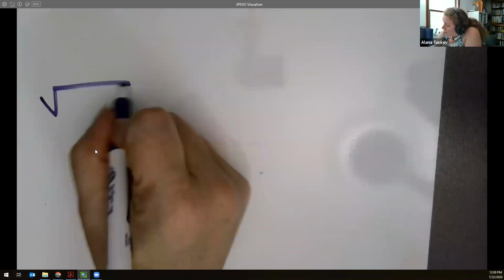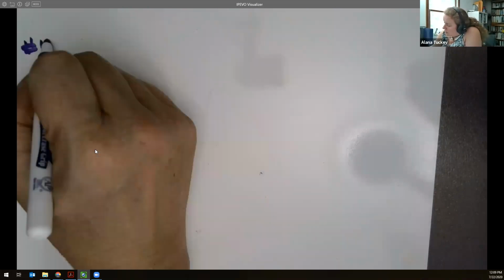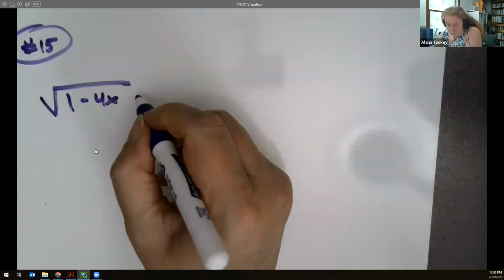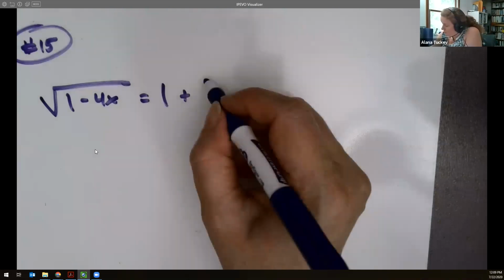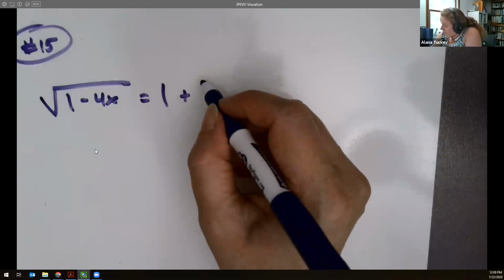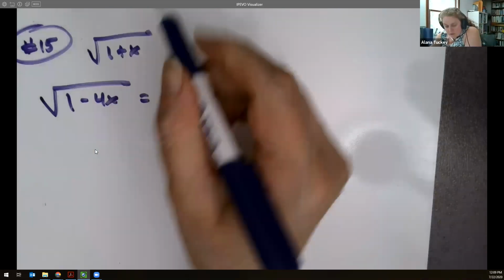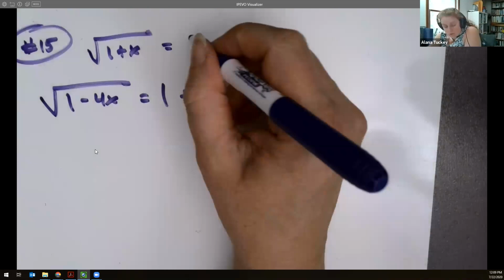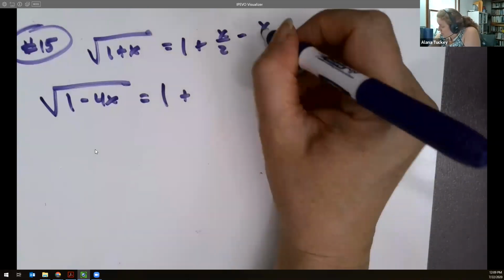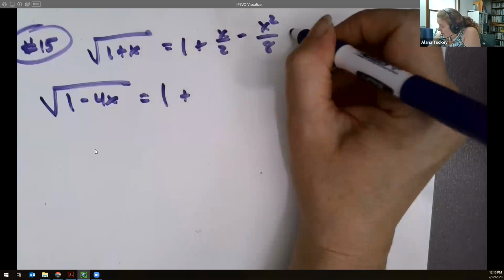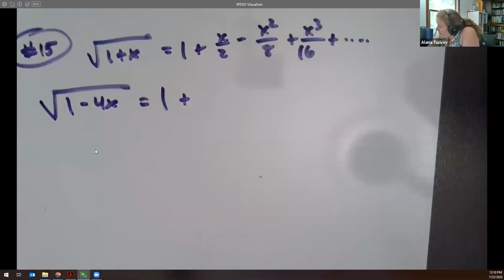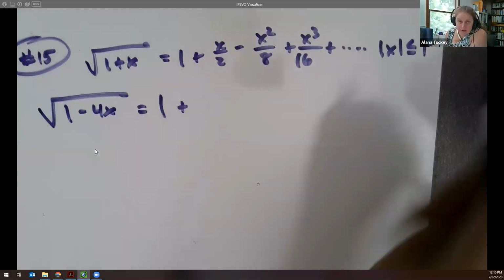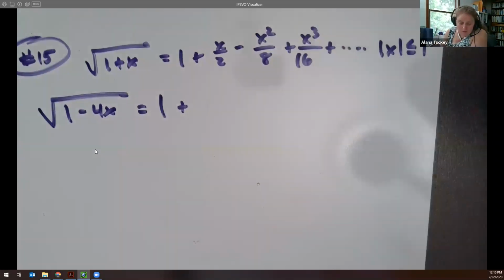Because they're telling you that the square root of 1 plus x, I forgot to write what they were giving me, equals 1 plus x over 2 minus x squared over 8 plus x cubed over 16 plus and so on. And this holds for the absolute value of x less than or equal to 1.